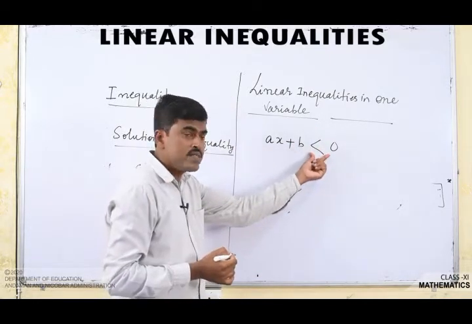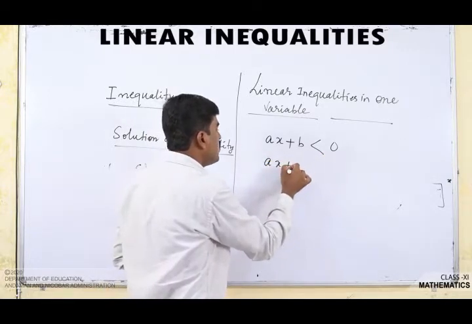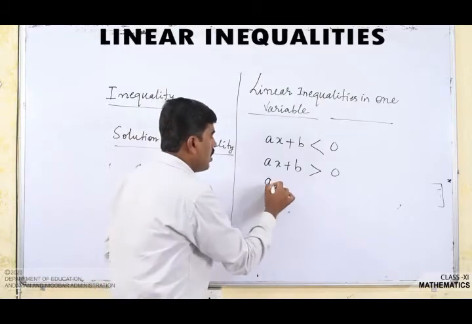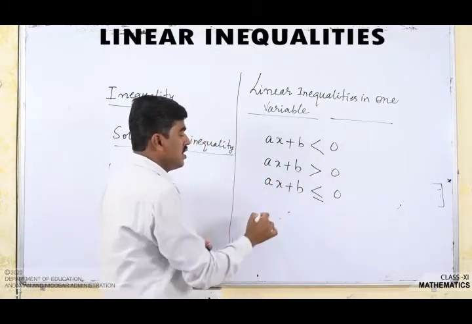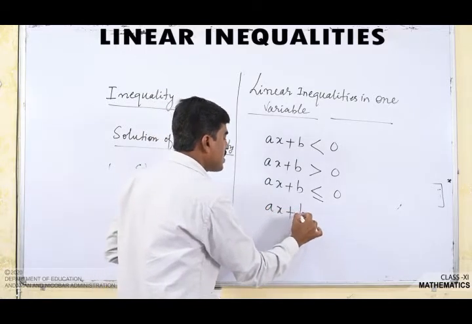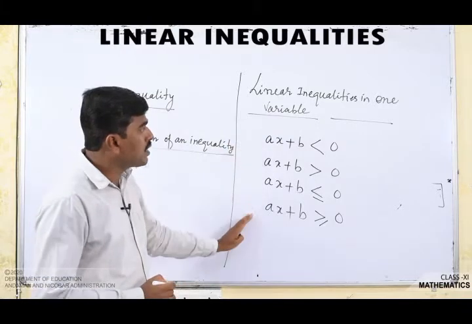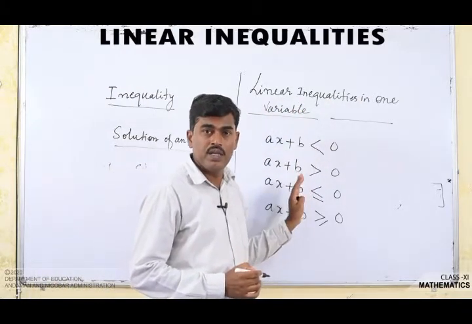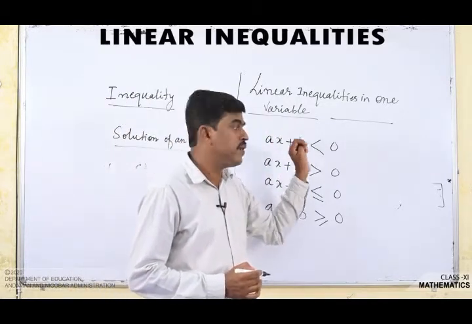It may involve the sign less than, or ax plus b greater than 0, or ax plus b less than or equal to 0, ax plus b greater than or equal to 0. So these are the 4 types of linear inequalities in one variable. These are the standard forms.